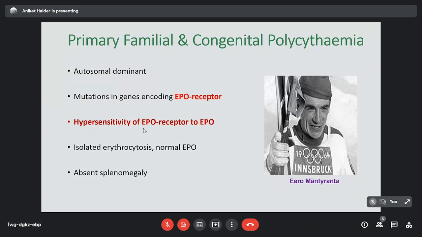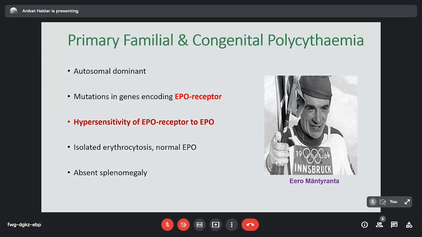In this aspect, I should also mention that there was a famous Finnish cross-country skier called Eero Mäntyranta, who won seven Olympic medals in the Winter Olympics, from 1960 to 1972. It was later discovered, after 20 years, in around 1993, that this famous personality had primary familial and congenital polycythemia, by virtue of which he had increased hemoglobin and increased red cell count in his blood.